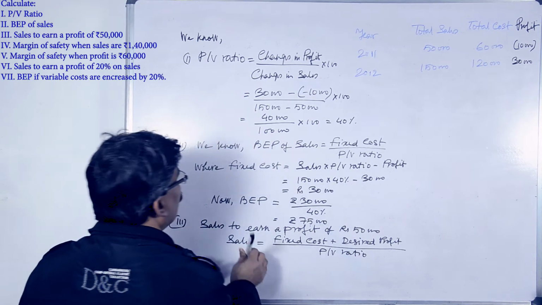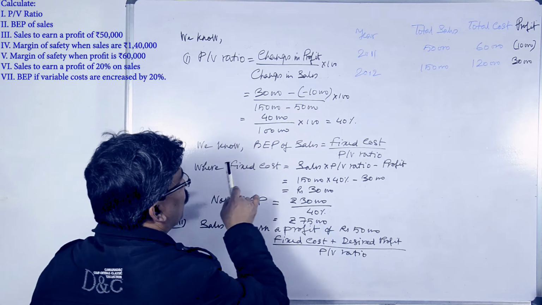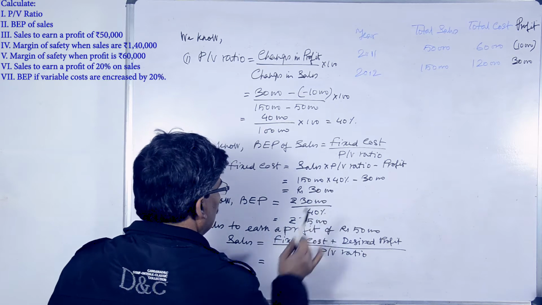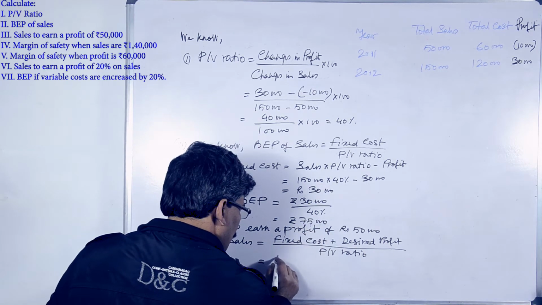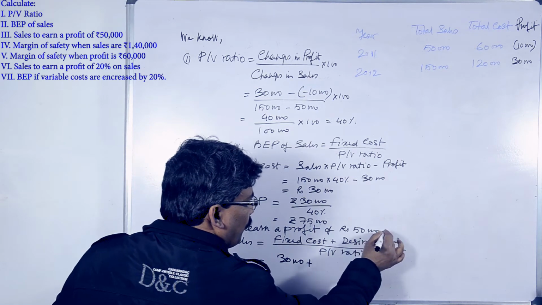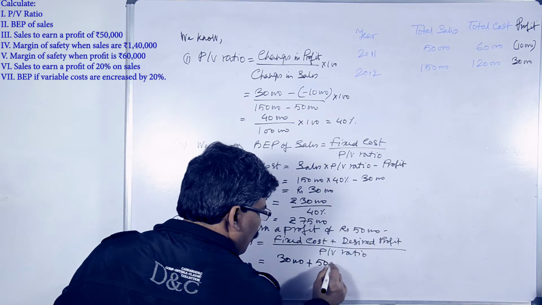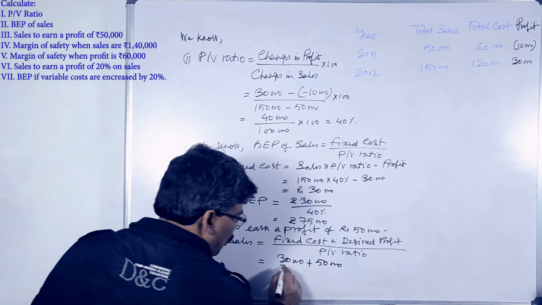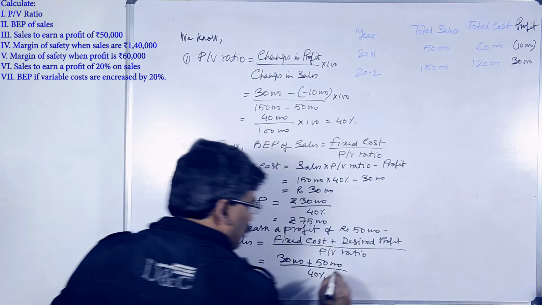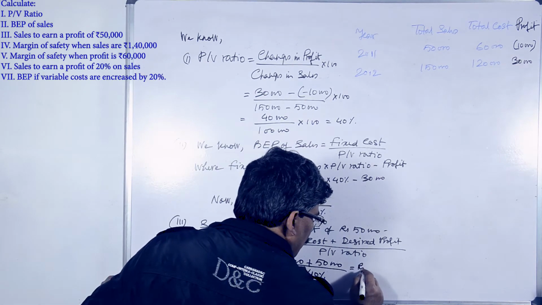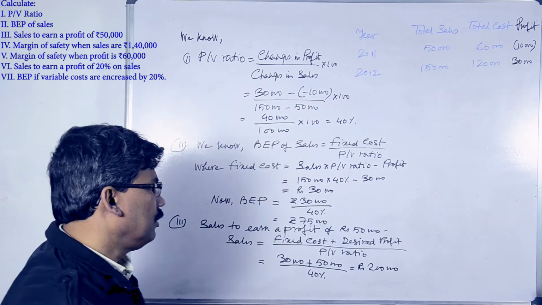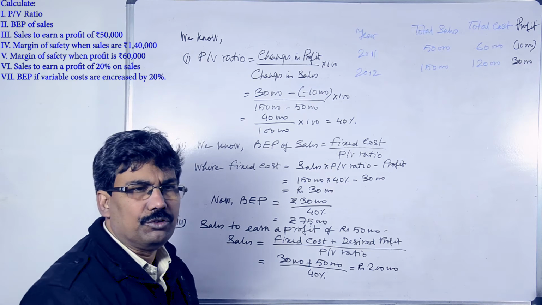Here fixed cost we have already calculated, 30,000, plus desired profit is given, 50,000. It's total 80,000 divided by 40%. This is equal to rupees 2 lakh. Then if the sales are rupees 2 lakh, the profit will come 50,000.